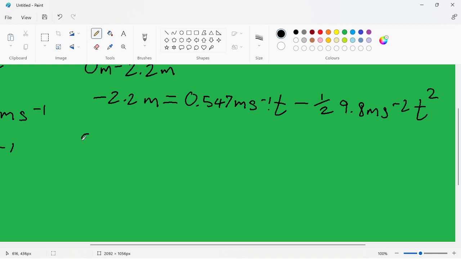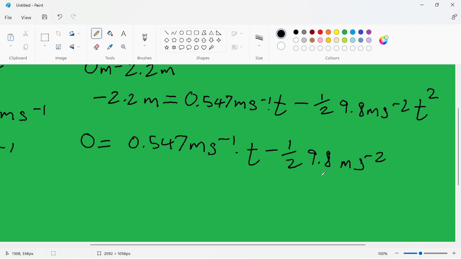So now we're going to get 0 is equal to 0.547 meters per second times time minus half 9.8 meters per second squared plus 2.2 meters.